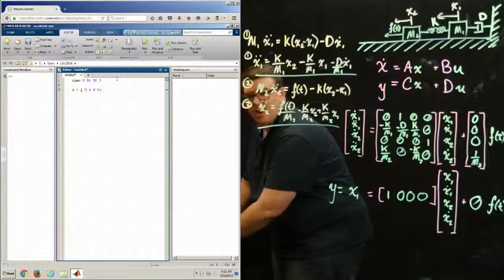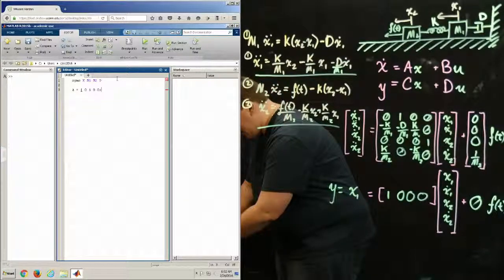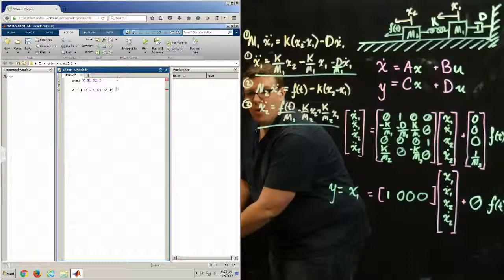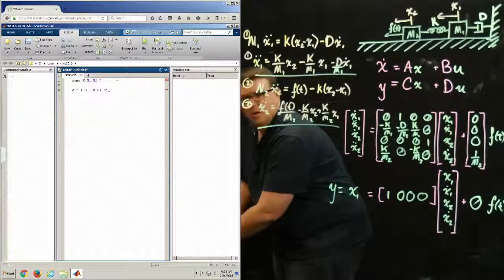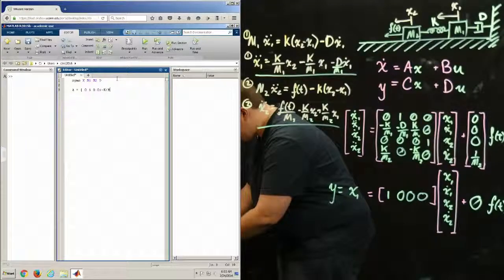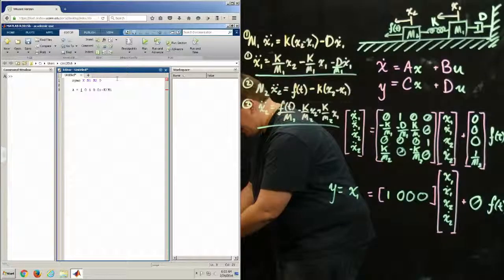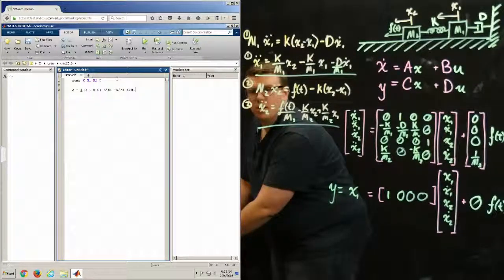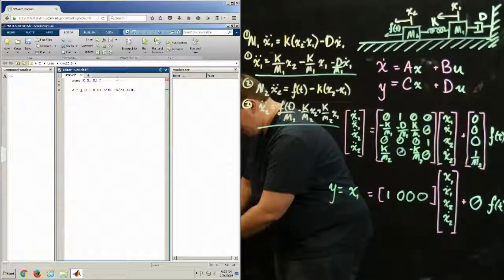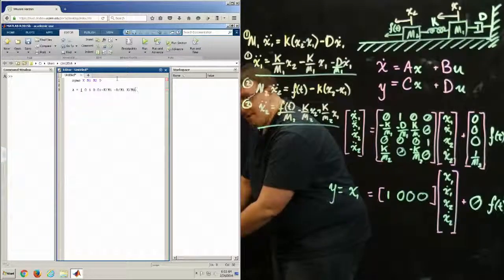Then a new line, and we should have negative K divided by m1, negative d divided by m1, and K divided by m1, and we need a 0 on the end there to make it the same length.